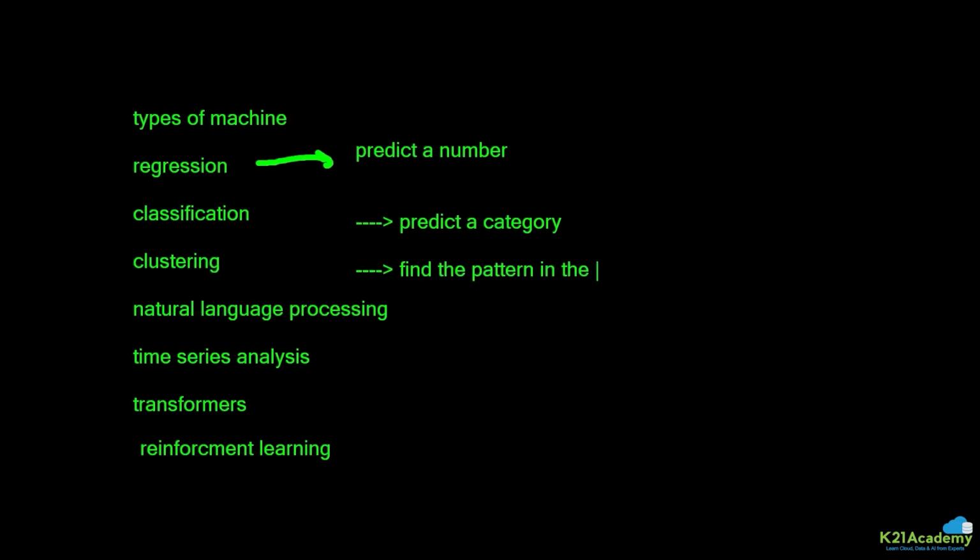This is also a type of category only: find patterns in the data and categorize them to build intuition. The aim is not to predict a class, but to build intuition on what has been predicted, so that it can benefit the business.